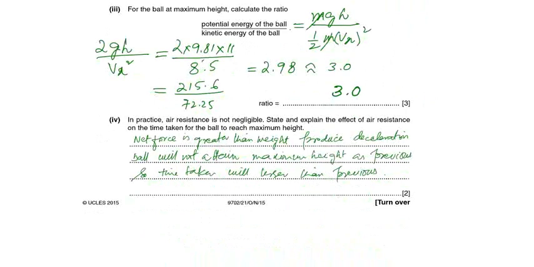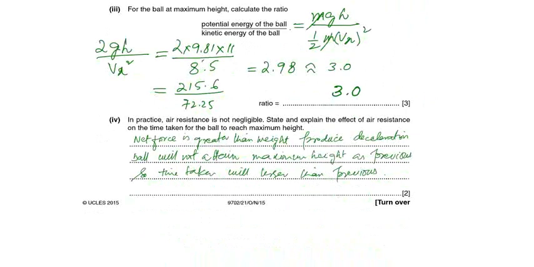Due to this net force, the ball will not reach the maximum height as it did previously. So the maximum height with air resistance is much shorter than the previous height.